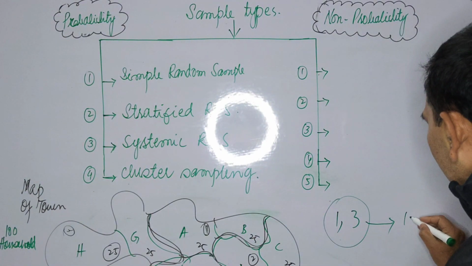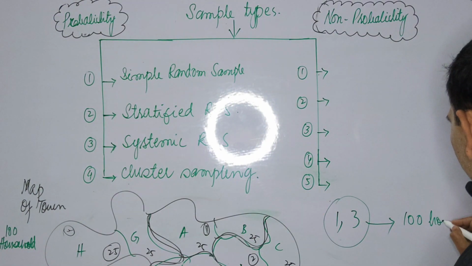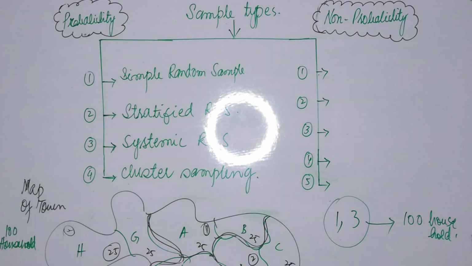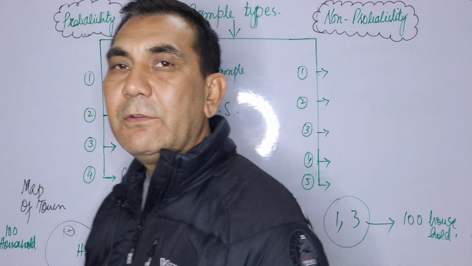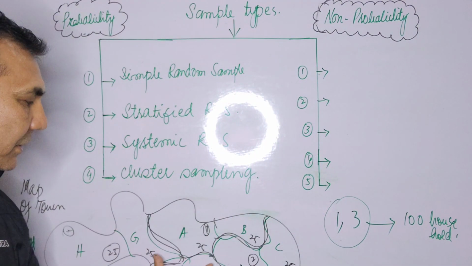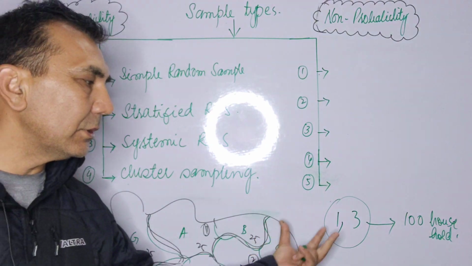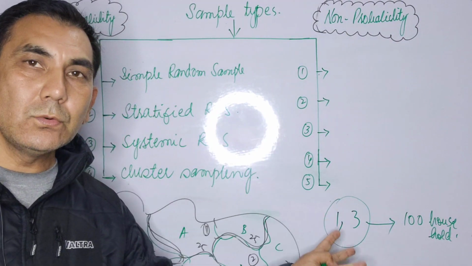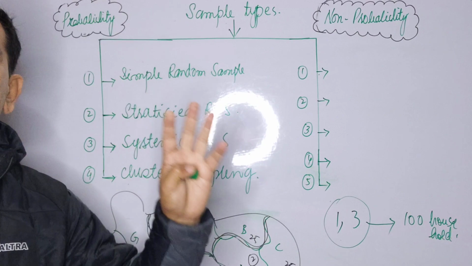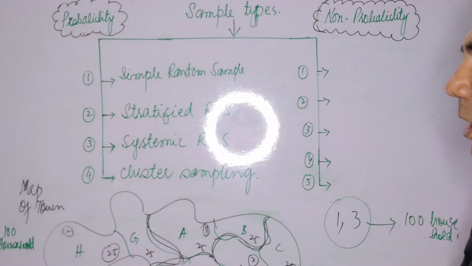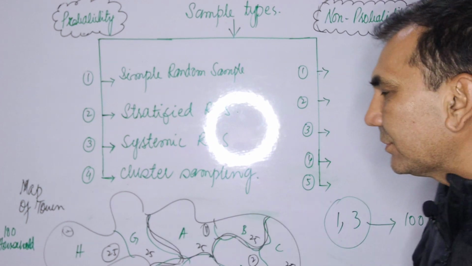Now you have 100 households, because you converted each cluster into 50 households, so the 2 clusters you selected consist of 100 households. So this is the method of how you select a cluster sample.